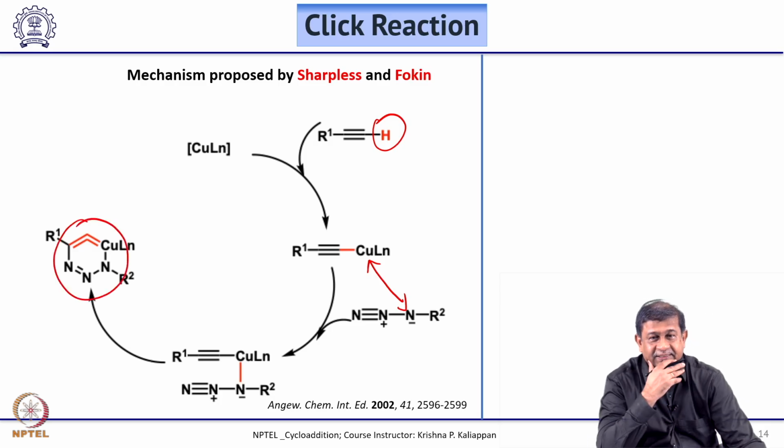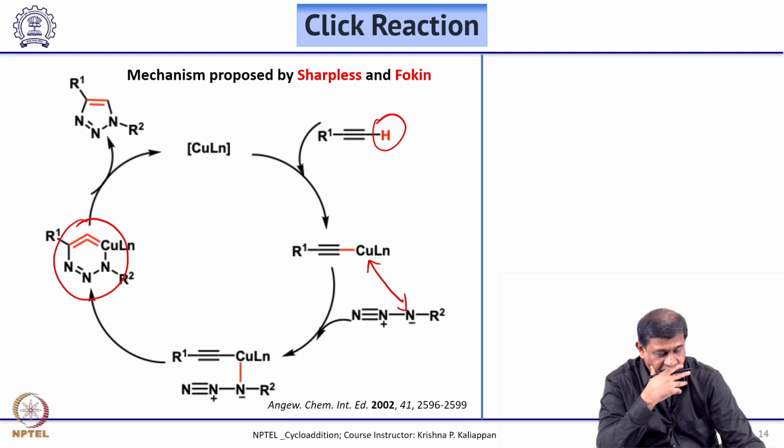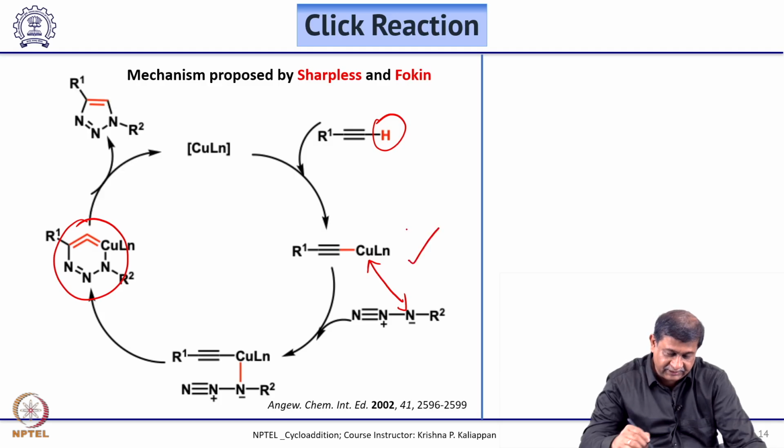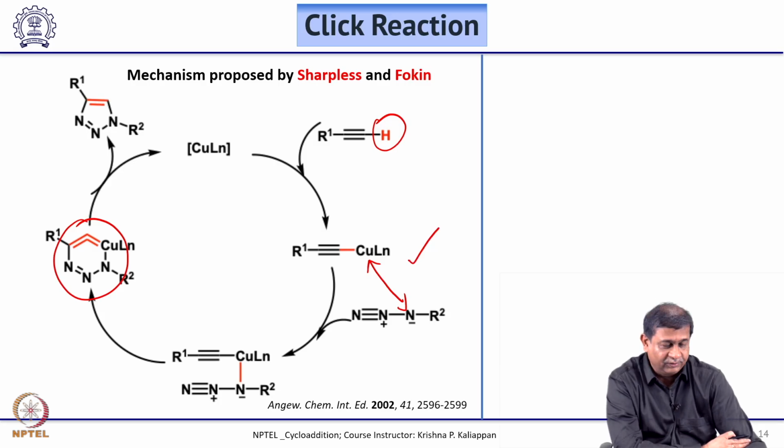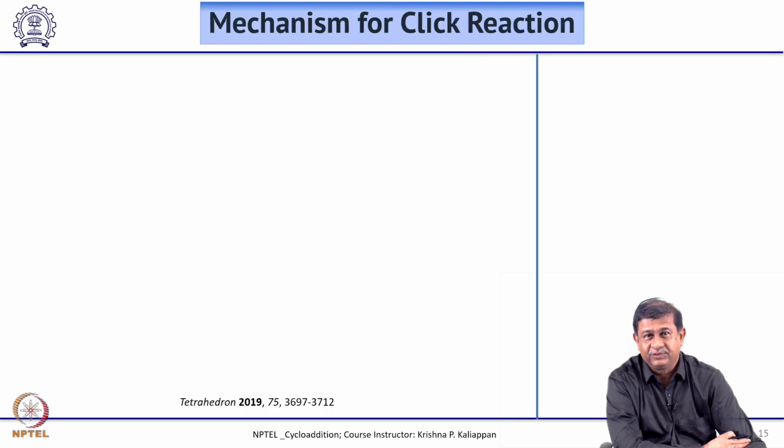So, basically one can say oxidative addition, and the last step is reductive elimination to get the triazole and again the copper. And it took about 17 years to propose another mechanism, which is now the most accepted one.